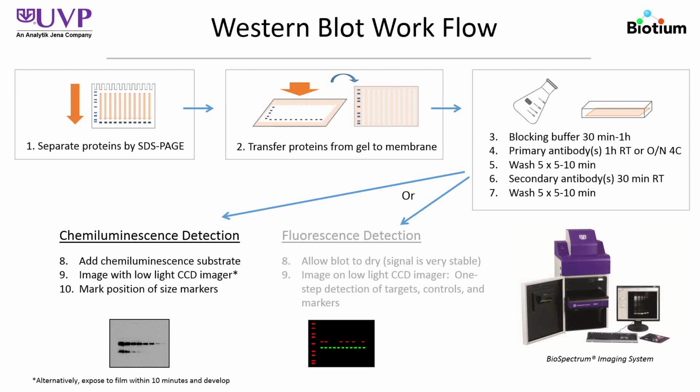Once the gel is performed and the proteins are separated, those proteins are transferred onto a blot membrane. And this blot membrane is typically nitrocellulose or PVDF, and it's a porous substrate which binds proteins. And it makes the reagents available to bind to the separated proteins.